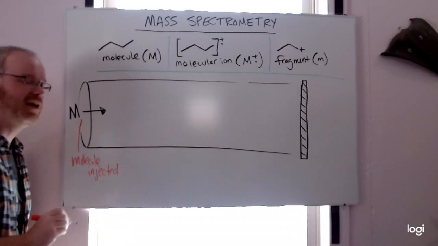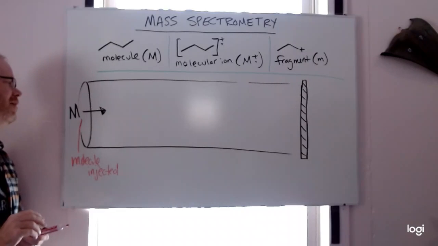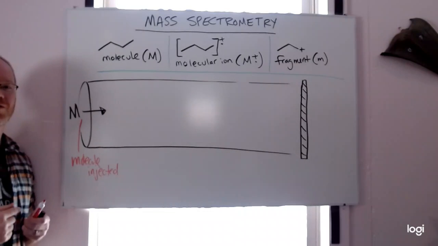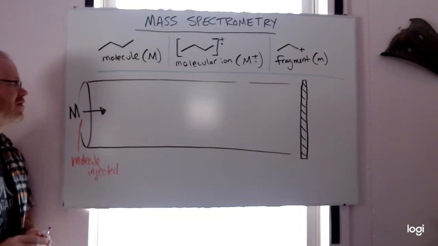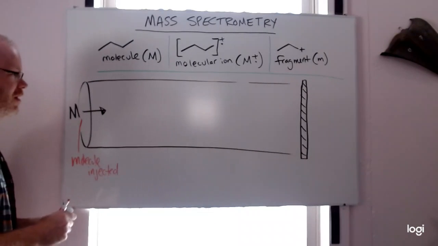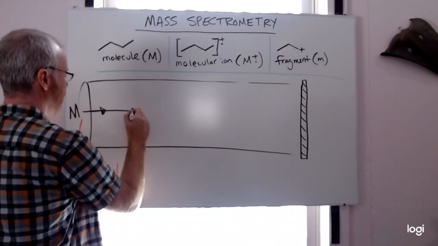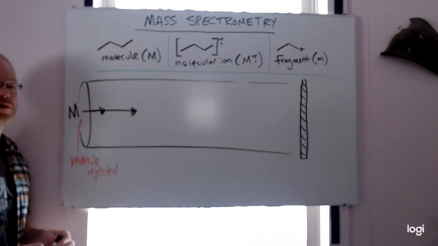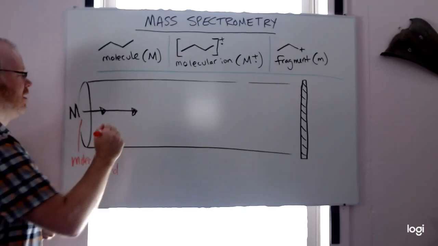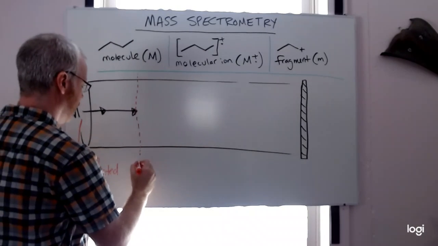Usually heated and under vacuum to help keep things in the gas phase so they don't condense and don't end up sticking to any parts within the machine. So essentially we're passing this molecule through the device. And the first and most important thing that happens to that molecule is it gets hit with a beam of electrons.